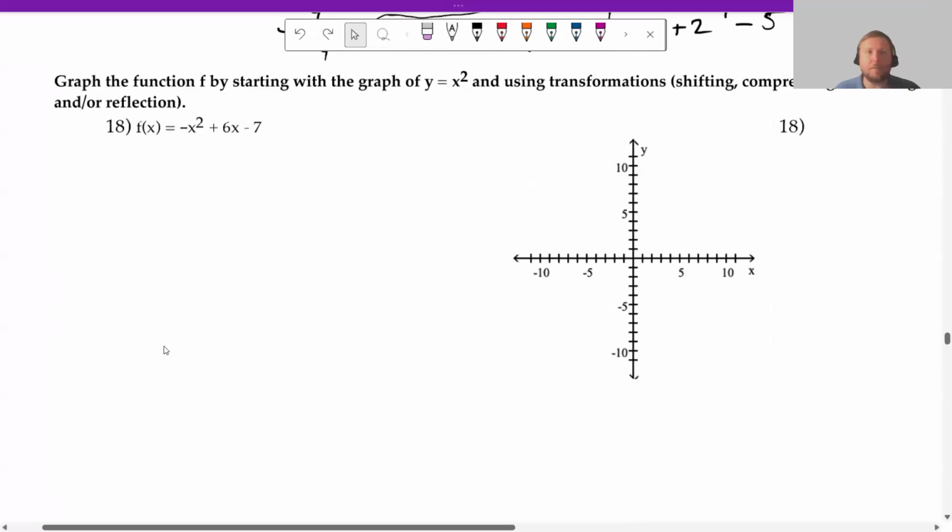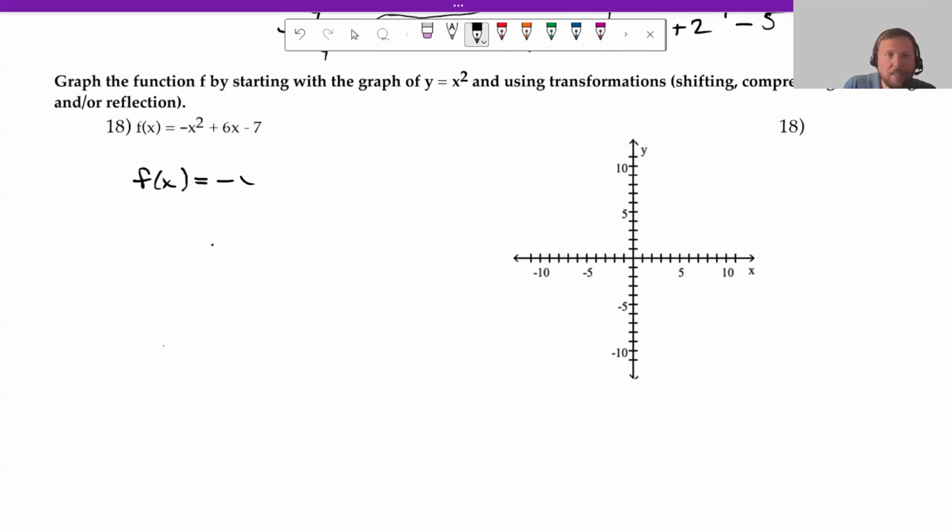Graph the function by starting with the graph of y equals x squared and use transformations, shifting, compressing, stretching, and or reflection. Well, they didn't give us something starting out that looked like what it was supposed to look like. I can't use those things until I have this written in vertex form.